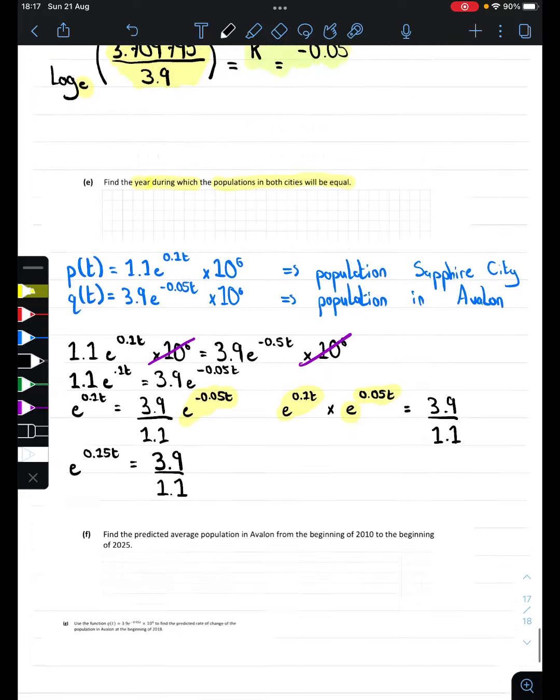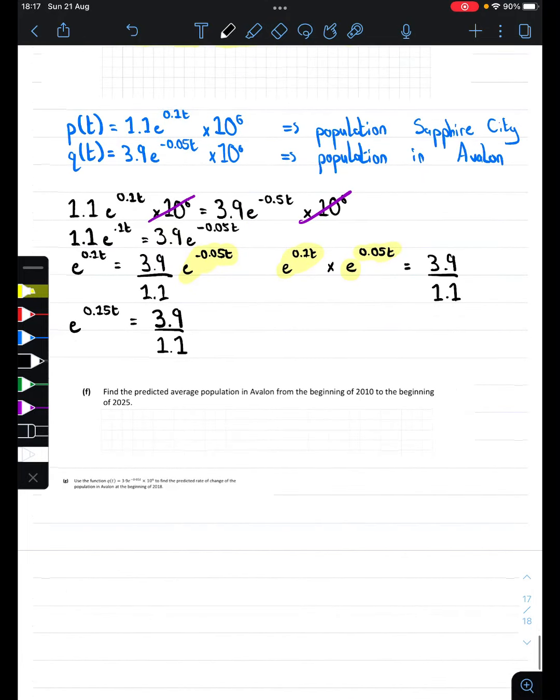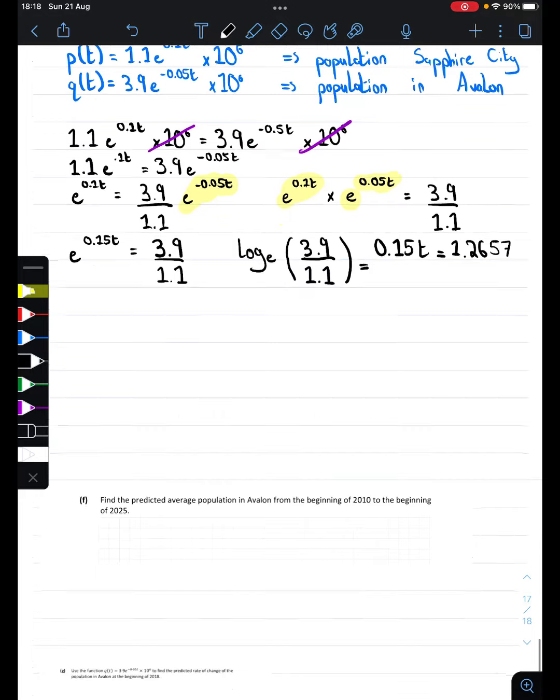Using our knowledge about what logarithms are, we can rewrite this as the log base e of 3.9 over 1.1 is equal to 0.15t, which equals 1.2657 to 4 decimal places.